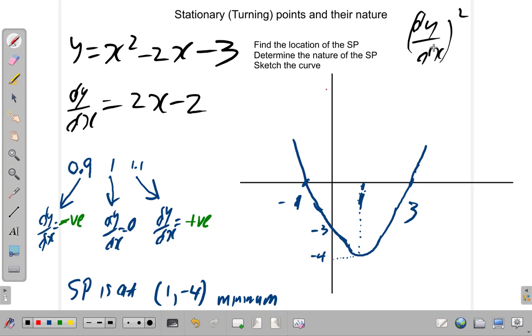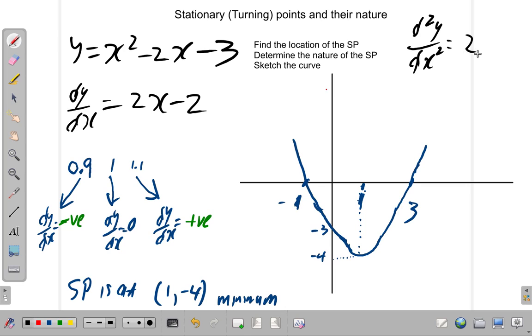The way you generally write this is d squared y by dx squared. This is what you're going to differentiate: dy by dx, which is 2x minus 2. When you differentiate this, what you get is 2.